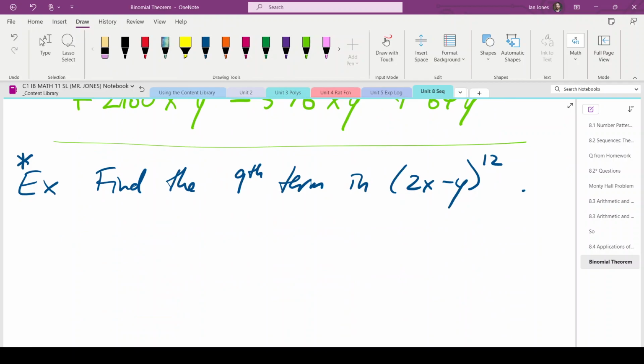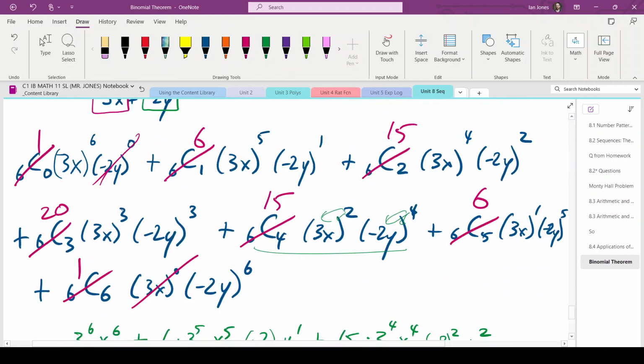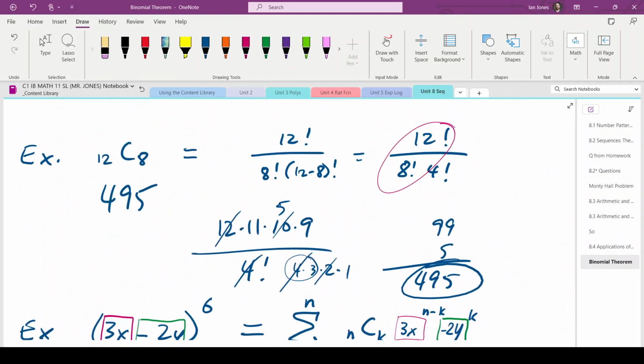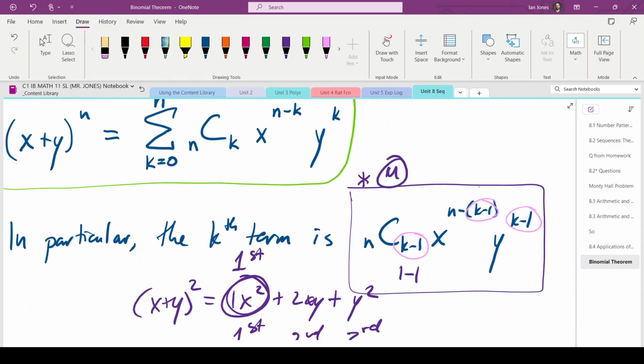So I am for sure using this formula here for the kth term of a binomial expansion. Okay, I'm just going to copy and paste it down below.